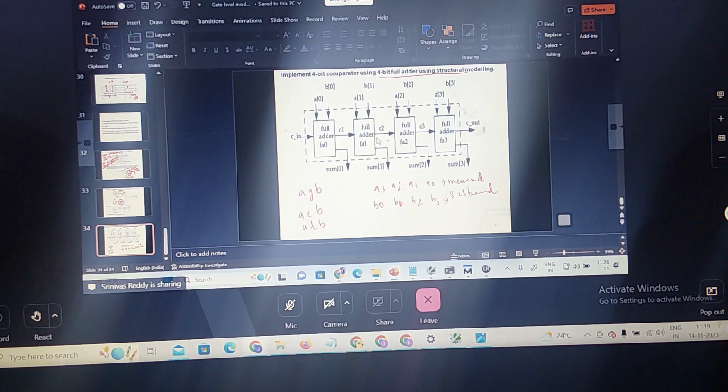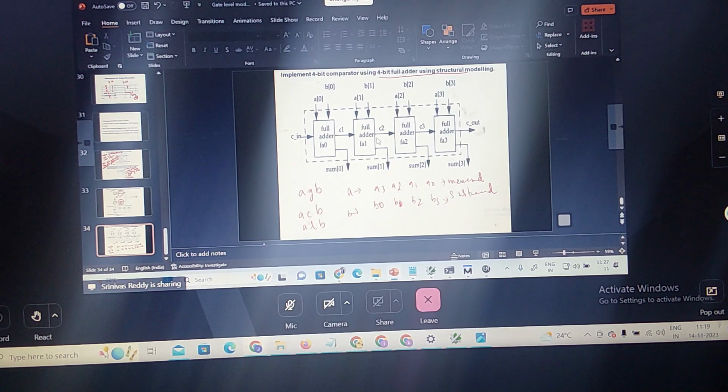When you say that A is greater than B, at what condition will you get it? If the minuend is greater than the subtrahend. I can take A as a scalar, 3 down to 0, and B is also 3 down to 0. If the minuend is greater than the subtrahend, then you can say that A is greater than B.